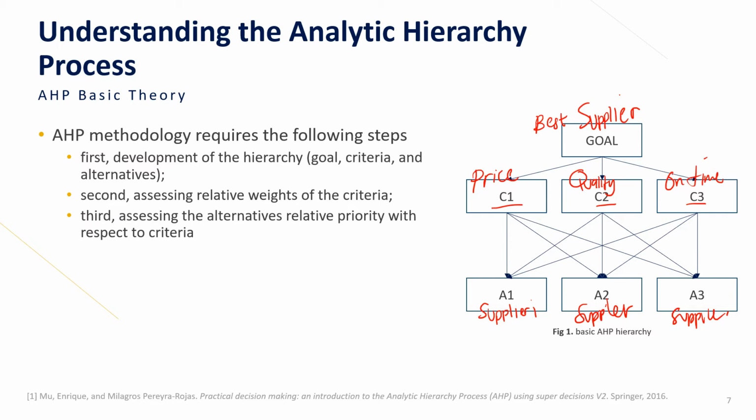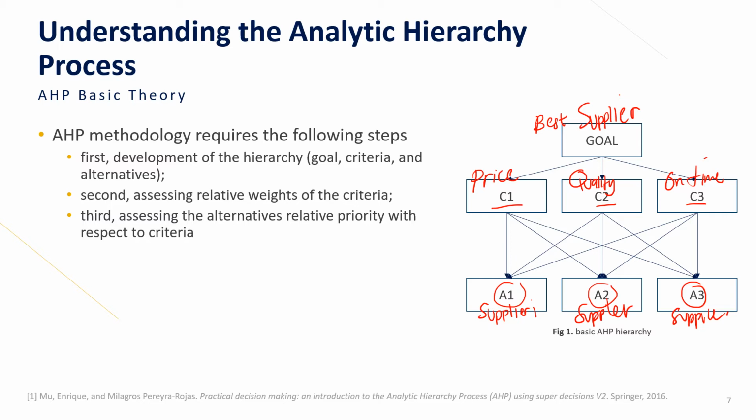And then based on this, you will have which criteria have the higher weight, and then you will need to assess the alternative. Assess the alternative, this one, step 3, based on the relative priority with respect to the criteria.